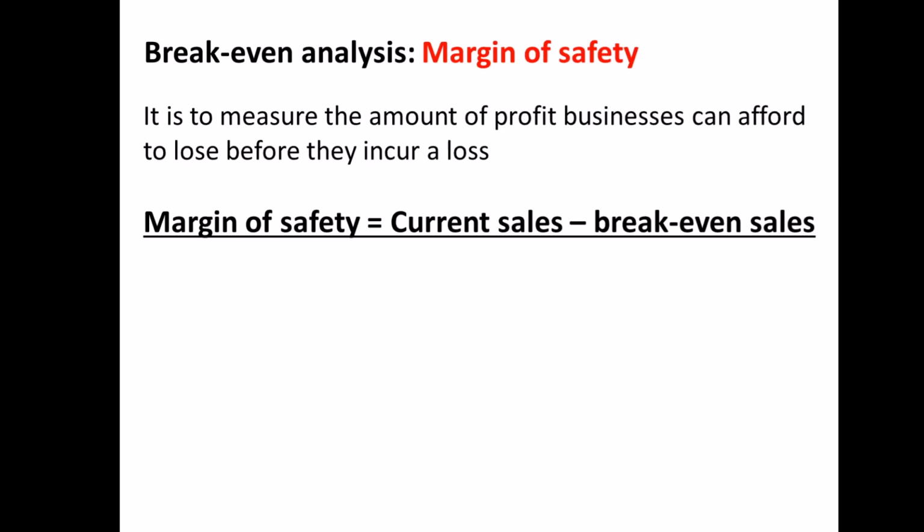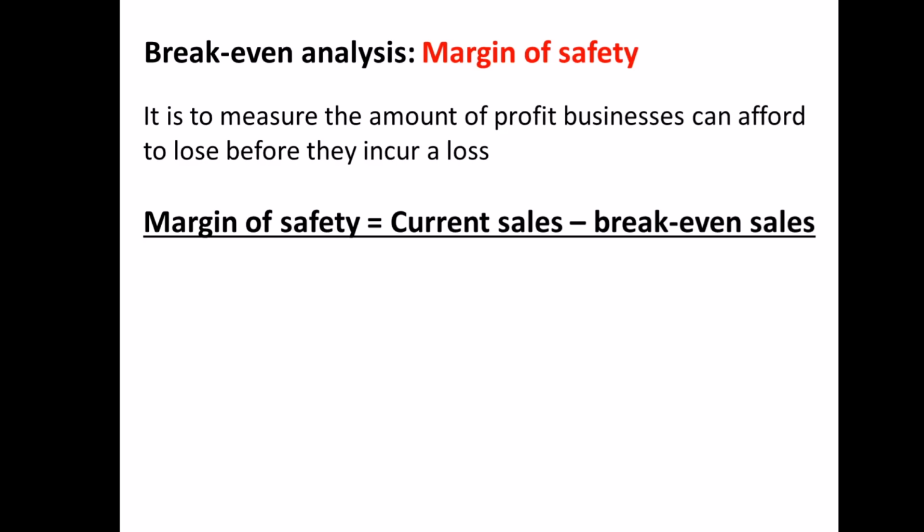If you look at the screen, margin of safety is the current sales minus the break-even sales, and then you'll be able to find that gap. That gap is the buffer that the business can afford to lose before it incurs a loss.